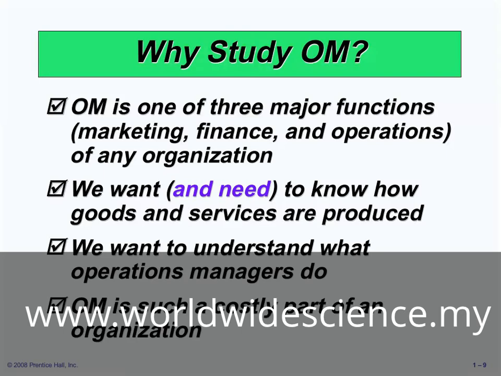And OM is such a costly part of an organization. We should know that operations management is the costly part of the organization because the main activity is done in this unit. The company should allocate a large fund to purchase raw material and new machinery.